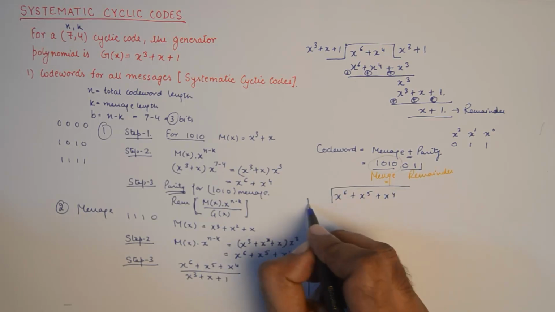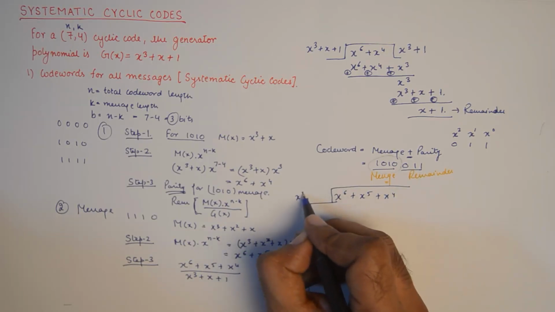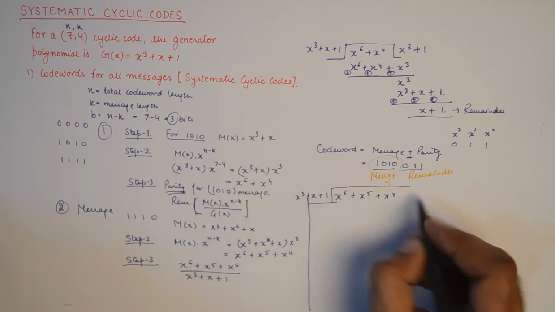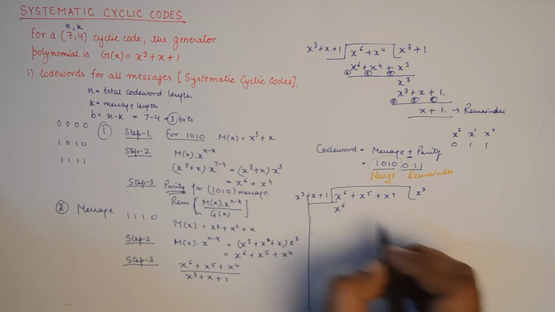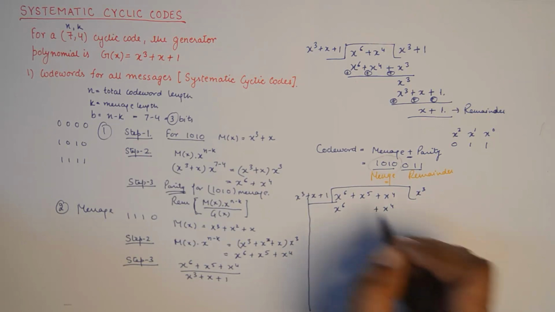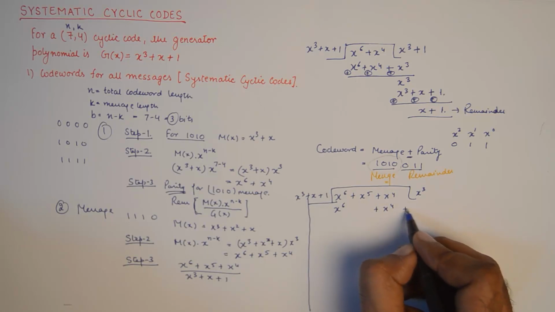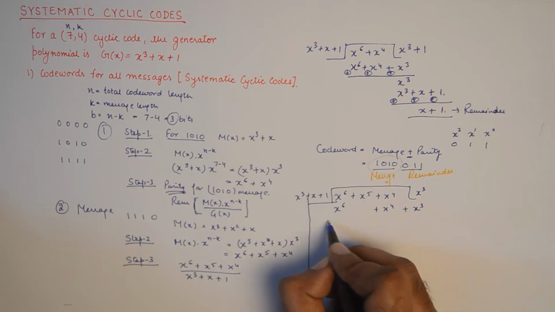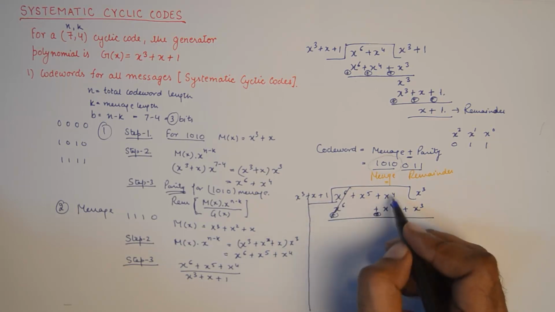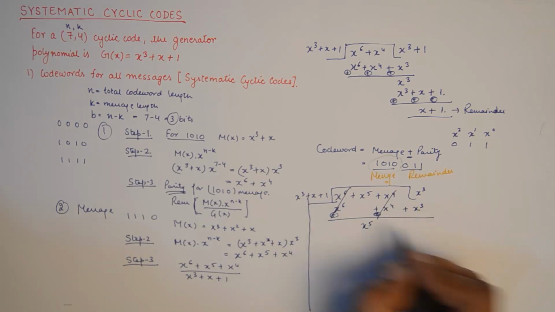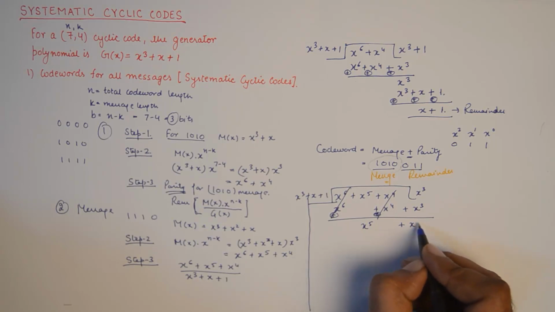When divided by x cube plus x plus 1, I get x raised to power 6 plus x raised to power 4 and plus x cube. So XORing will do away these terms and I'm left with x raised to the power 5 plus x raised to the power 3.